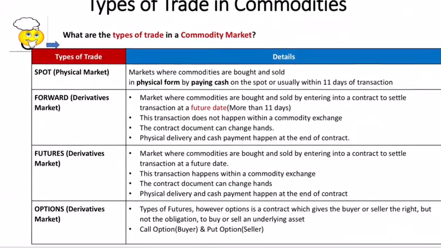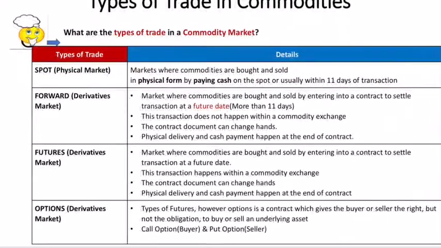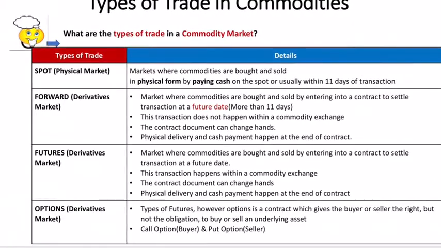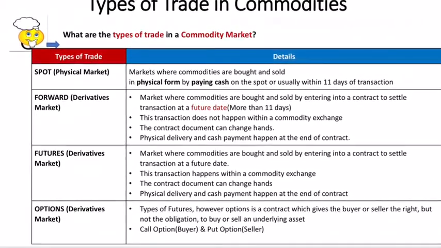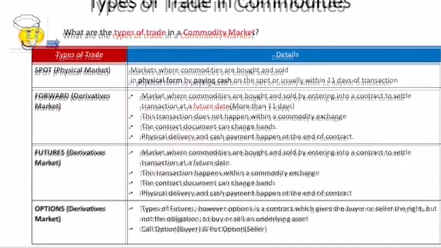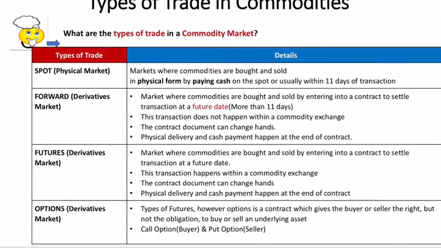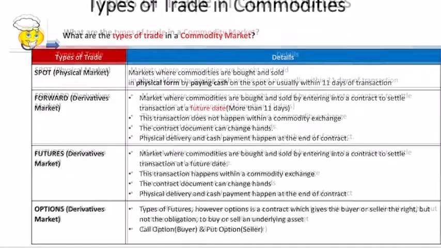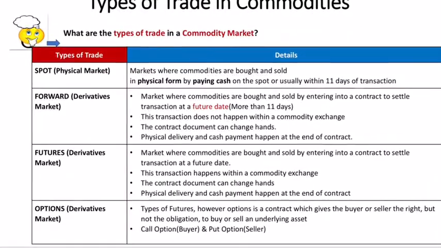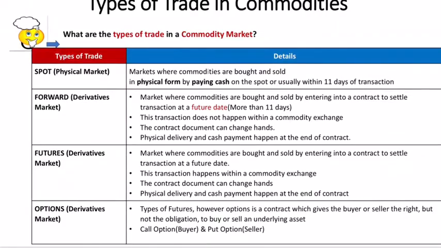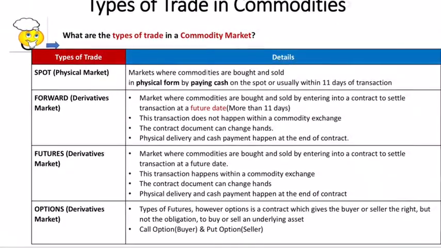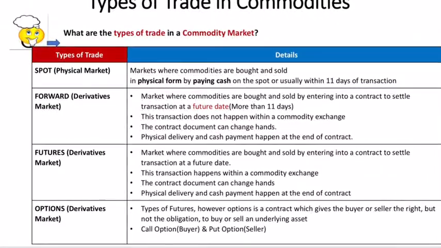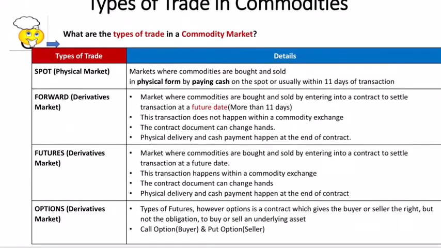I gave an example yesterday. Supposing I enter into an option contract with the seller for rice, stating that I will be buying rice at 50 rupees 1 month later. But 1 month later, I see that the price for rice is falling. So it is 48 rupees, 45 rupees. At that time, what do I do?